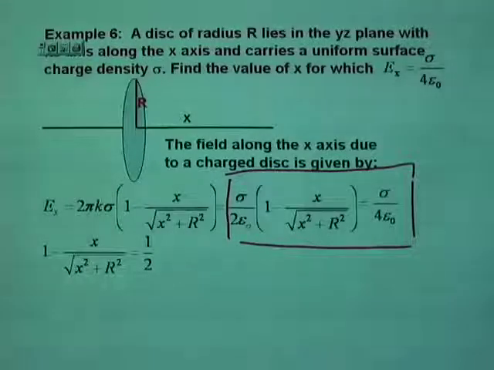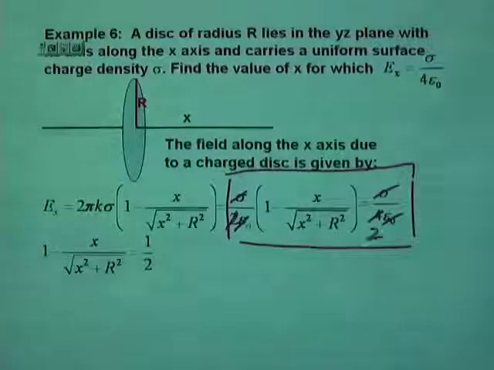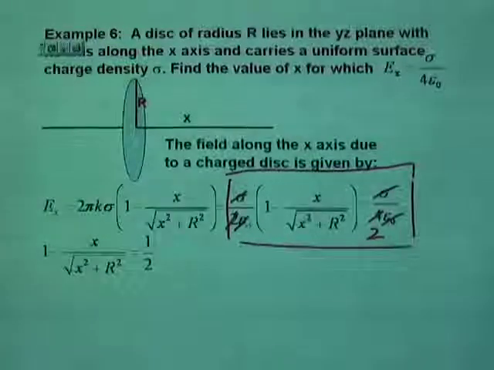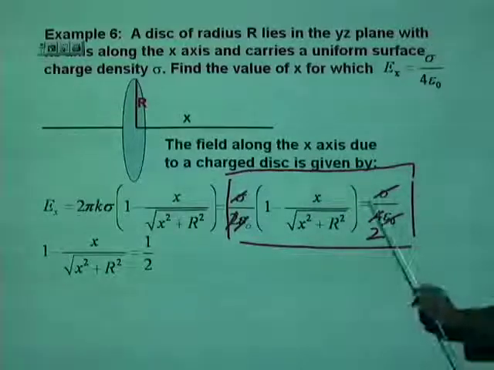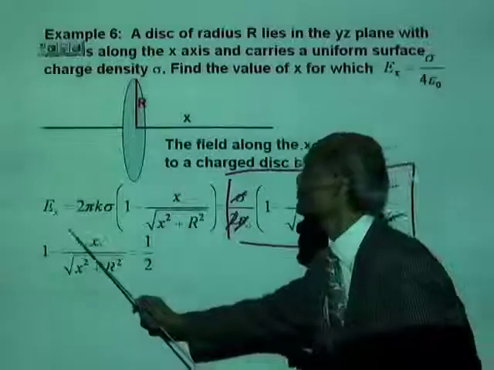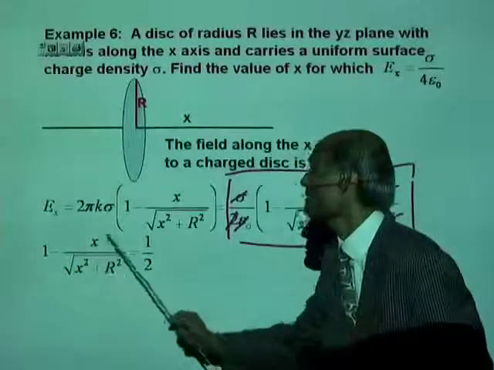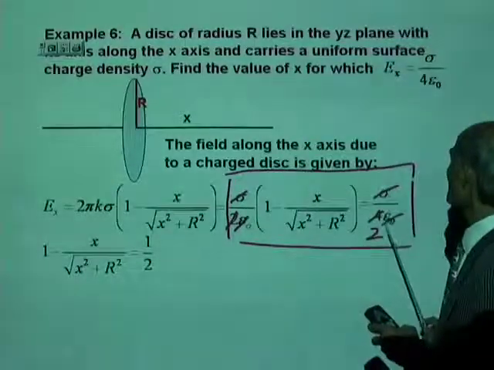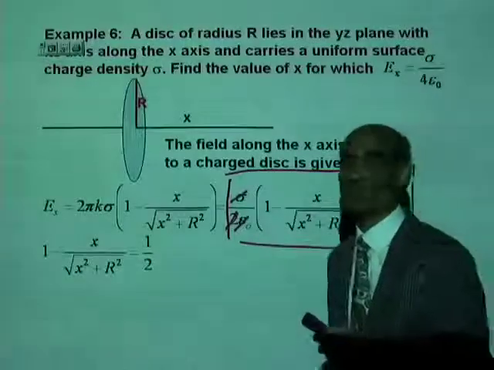Now sigma on the left cancels with the sigma on the right, epsilon naught cancels with epsilon naught, and 2 in the denominator cancels with 4, leaving a 2 in the denominator. Right? That means we now have 1 minus x over square root x squared plus r squared on the left side, and the right side is 1 over 2.